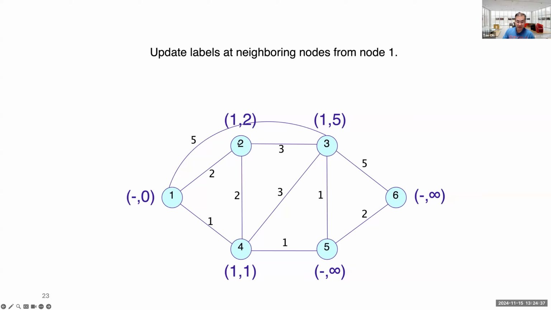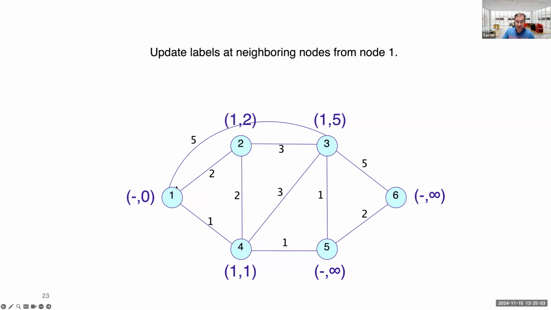When you look at node number 2, the previous node is 1, and the distance is 2. The shortest way to get to 2 is from 1, right? For node number 3, the previous node is 1, and the cost is 5.